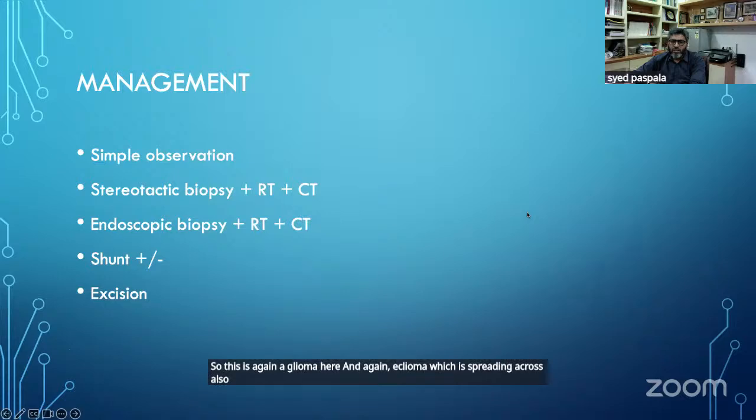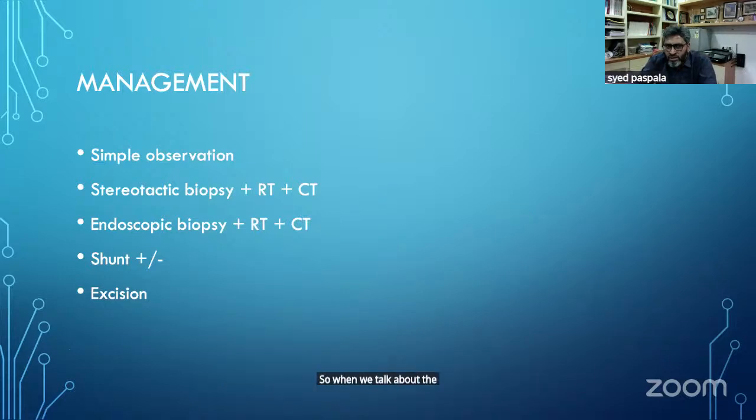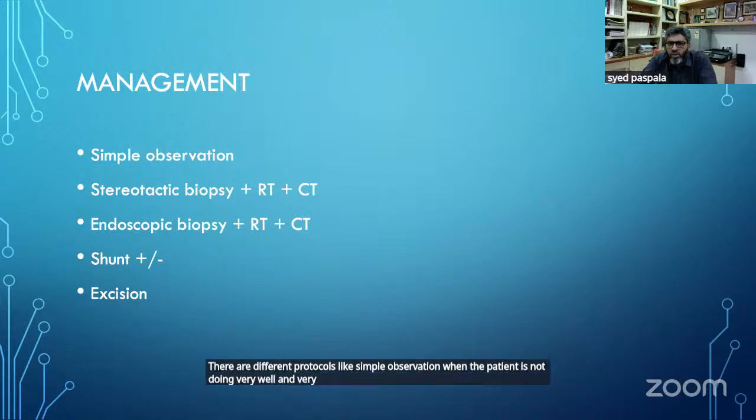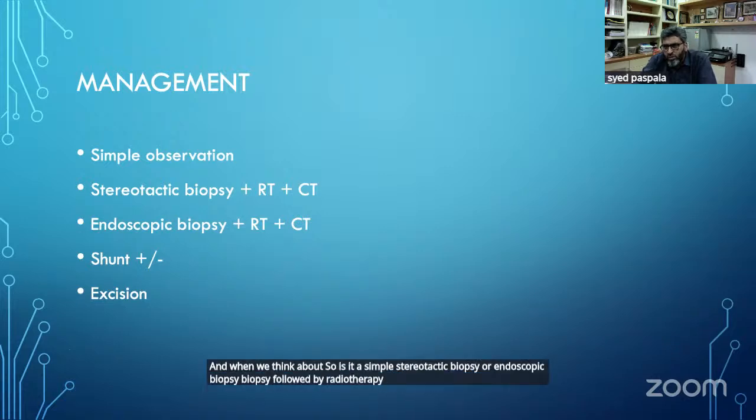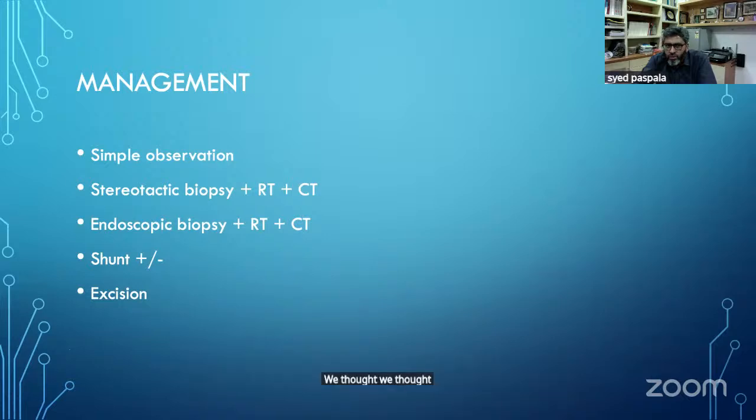So when we talk about the management of tumors in the thalamus, there are different protocols, like simple observation when the patient is not doing very well and is very moribund and not fit for surgical interventions, or is a very small lesion which is not growing over time. Simple observation will be enough there. And when we think about surgery, a simple stereotactic biopsy or endoscopic biopsy followed by radiotherapy and chemotherapy, with or without a shunt placement.